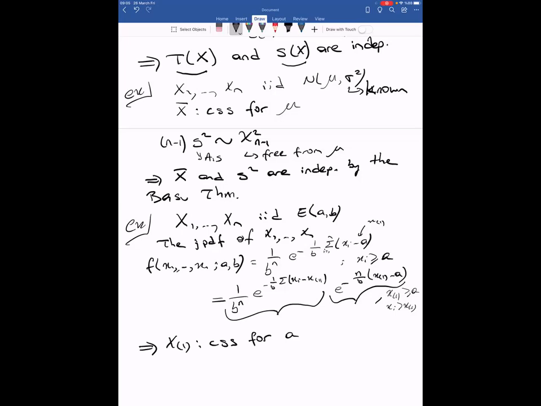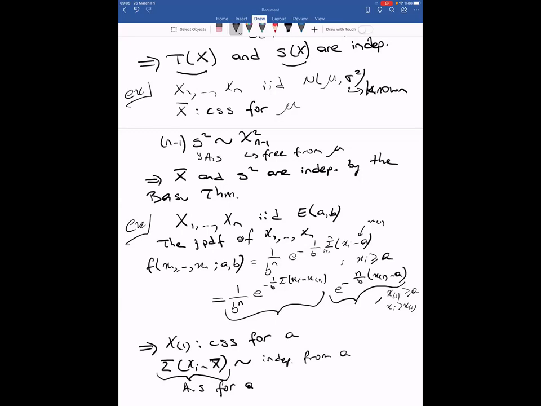But then we can say that the summation of xi minus x1, when we consider its distribution, is independent of a. So this will be an ancillary statistic for a.